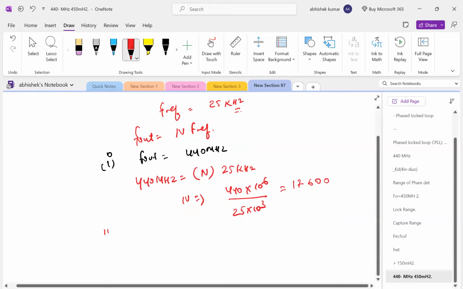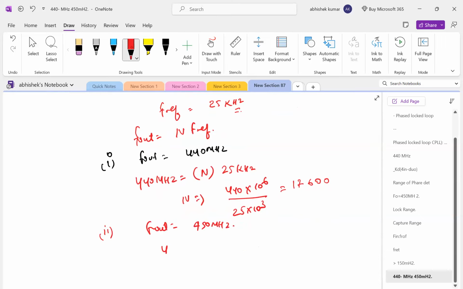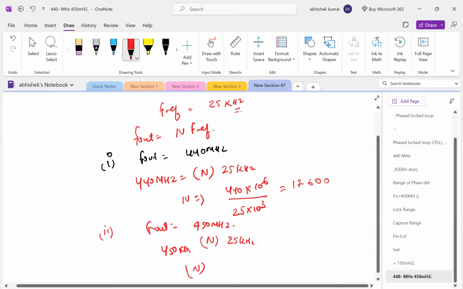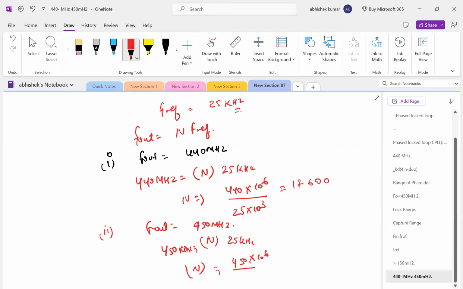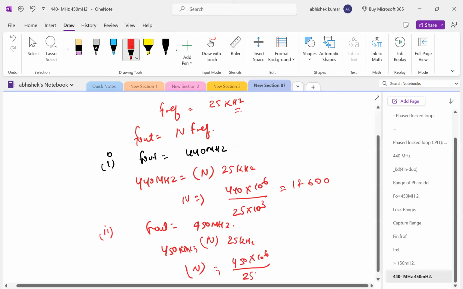Now take the second case, when your f output is 450 megahertz. So N equals 450 into 10 raised to 6 divided by 25 into 10 raised to 3.